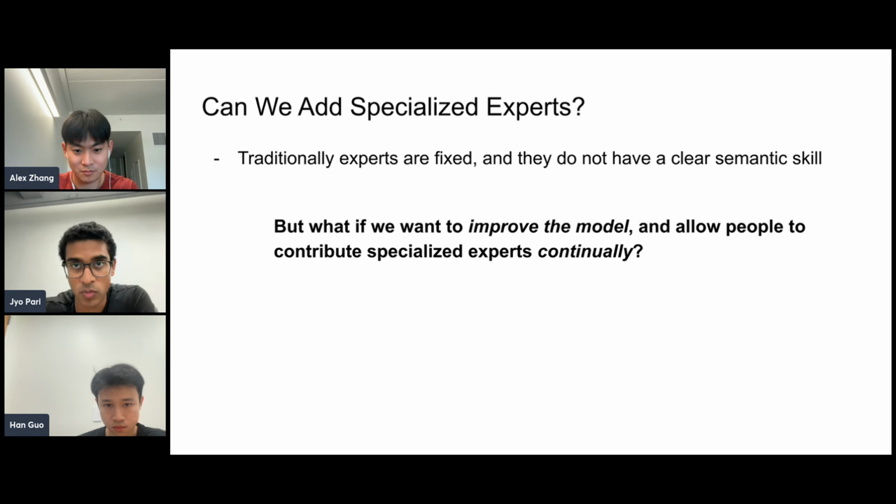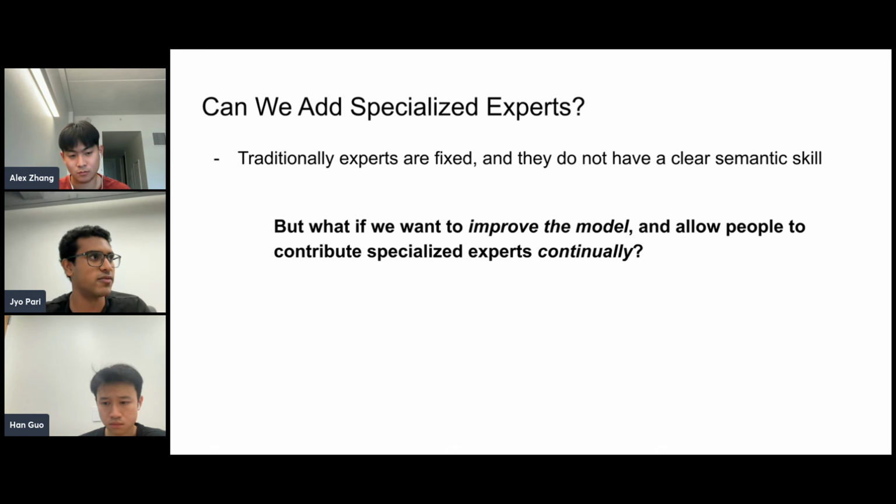Like, what if Han trains an expert, I train an expert, Alex trains an expert, and each now has a very clear semantic skill. How do we now create a model that allows us to pool our experts together, right?